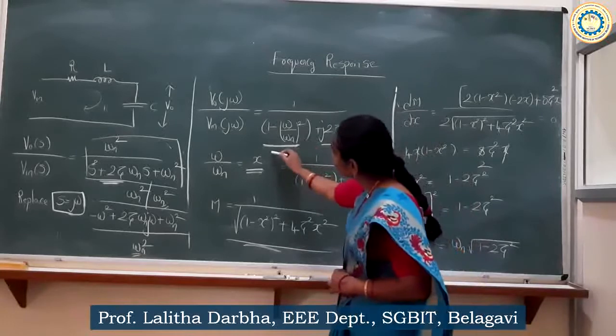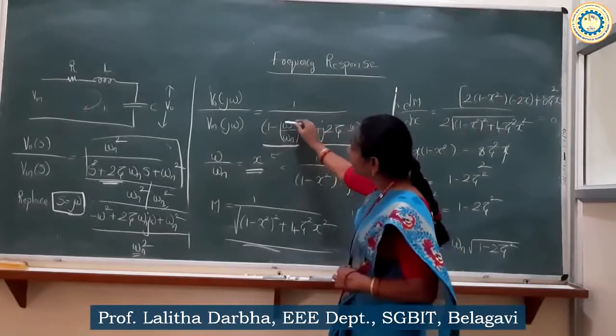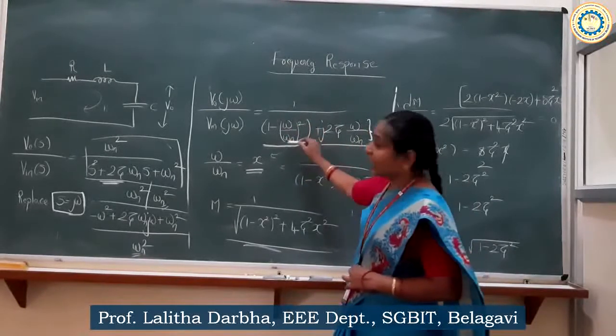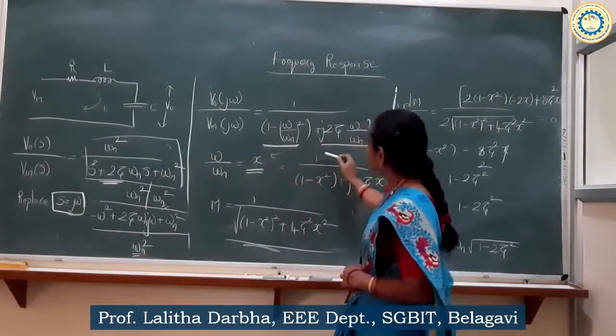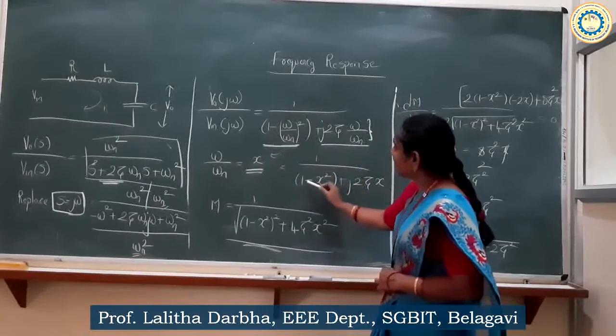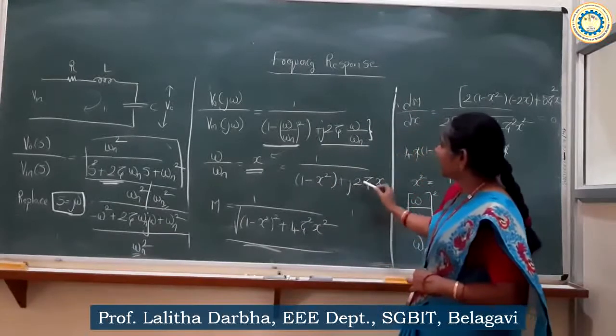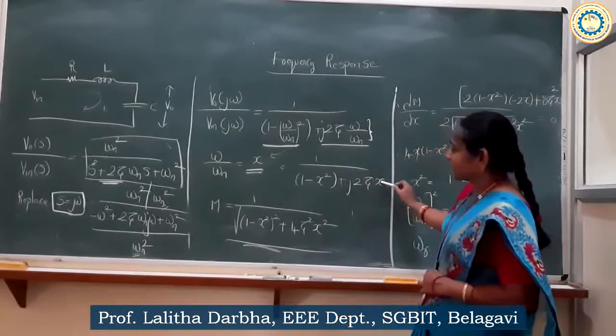Now, we can further simplify this by assuming the value of omega by omega n to be x. So, replace omega by omega n with x and you will get the expression 1 divided by 1 minus x square plus j 2 zeta x.